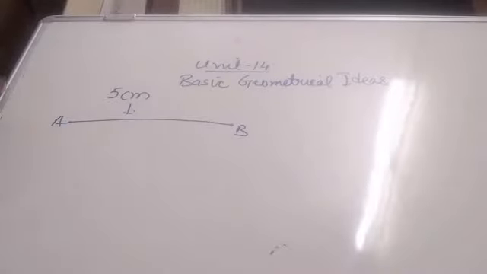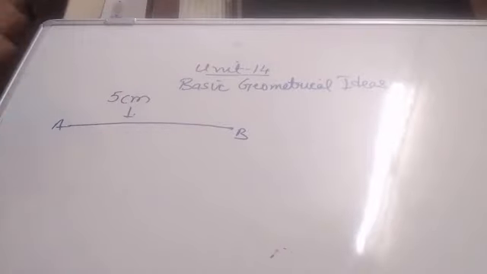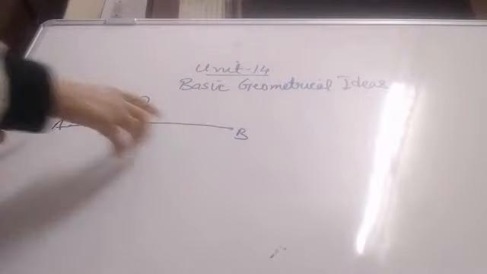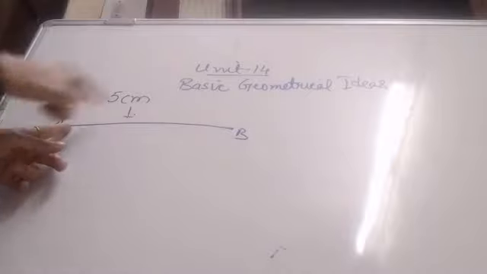Second is a divider and a ruler. Like a compass, you have another instrument in your geometry. I don't have it here, otherwise I would have shown you. This is a divider. You have a compass, and another pointed, needle-like instrument is a divider. So what you will do is take a scale and place one point of the needle of the divider here and the other on 5.